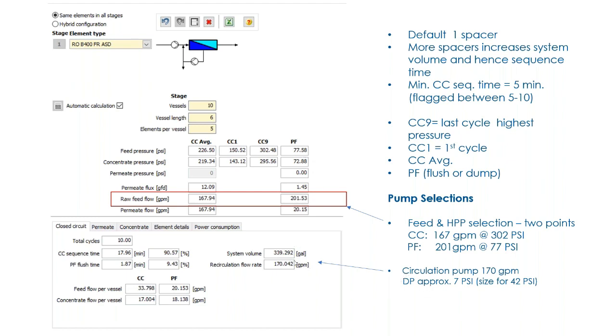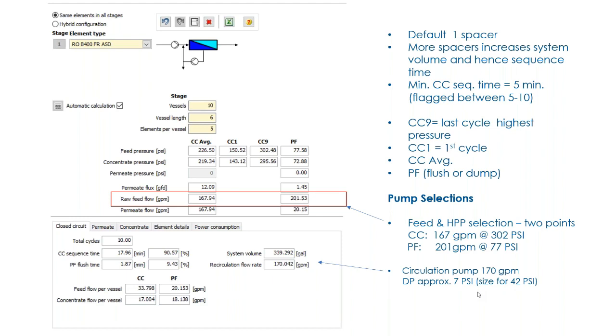And then the circulation pump flow rate is shown here. And again, that's only boosting the DP across the membranes, which in this case is only 7 psi. Our rule of thumb is we design for 42 psi.